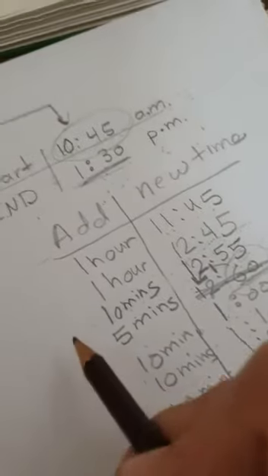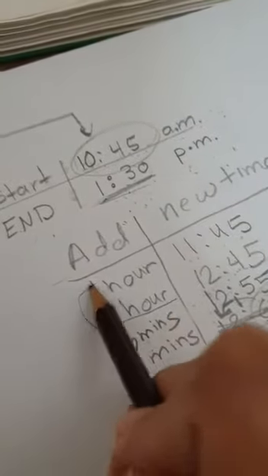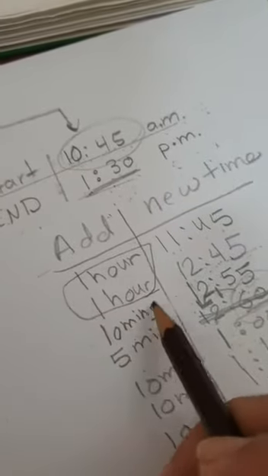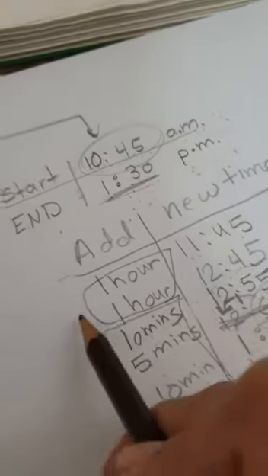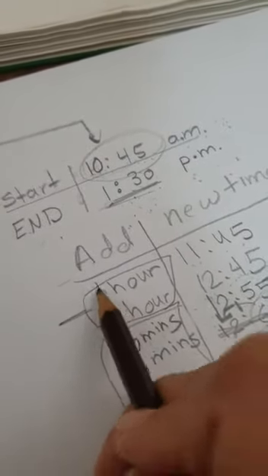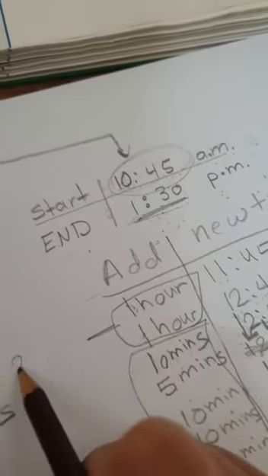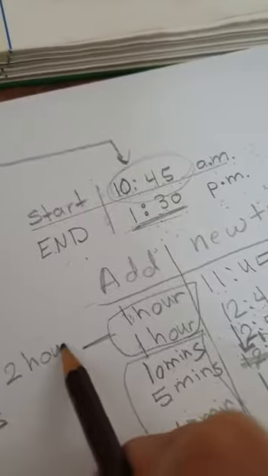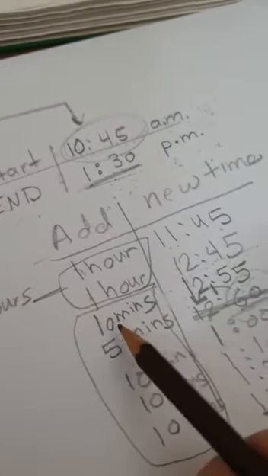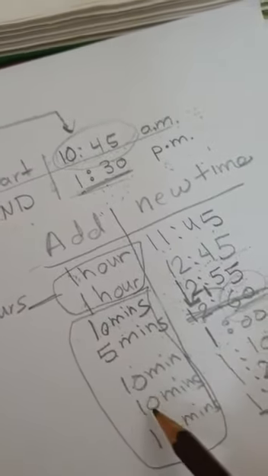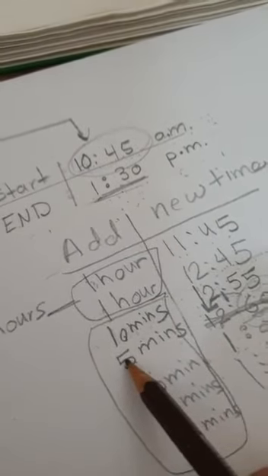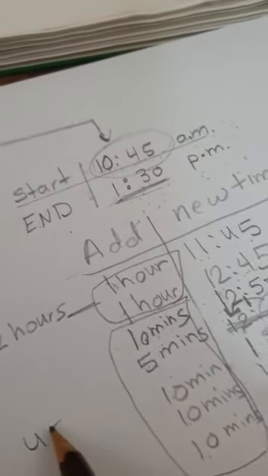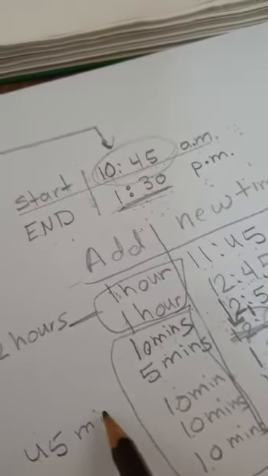What I have to do is put a circle around the hours and a circle around the minutes here. Then add them. Here the hours, 1 and 1, 2 hours. Minutes, 10, 20, 30, 40, and 5 minutes, 45 minutes.